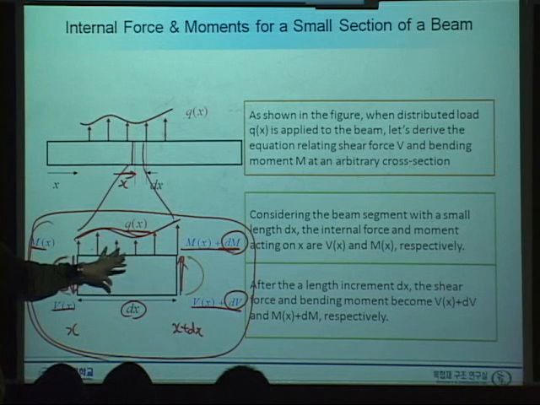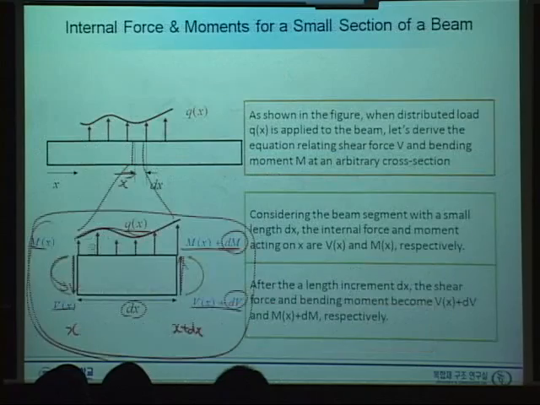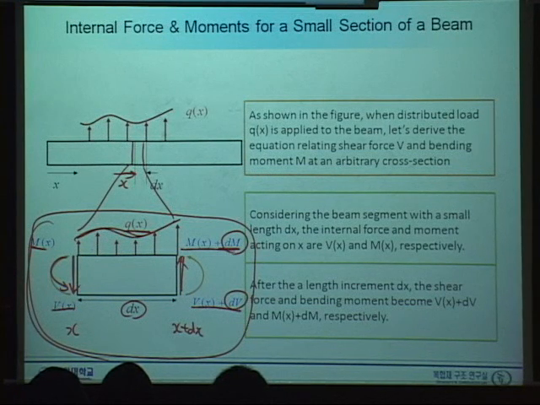Now we should be able to derive equations from equilibrium. So let's take a look at the right-hand side. First, y-directional force equilibrium. What is the y-directional force here?